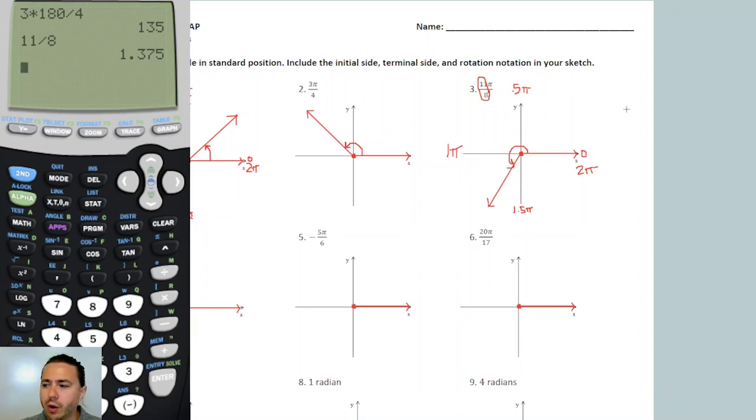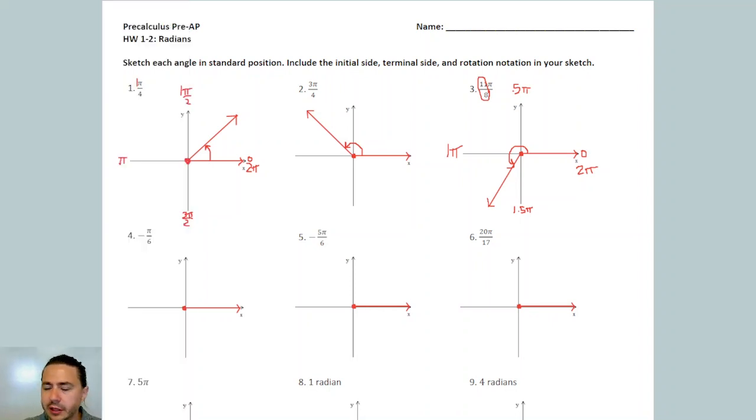Okay, so what I want to show you with these first 3 problems, at least, is 3 different ways I can find where that terminal side is. So just to recap that, I'm going to get rid of the calculator. We don't need that. You can either look at the fractions, if you're comfortable with fractions, and see where that fraction falls in between on these quadrants.